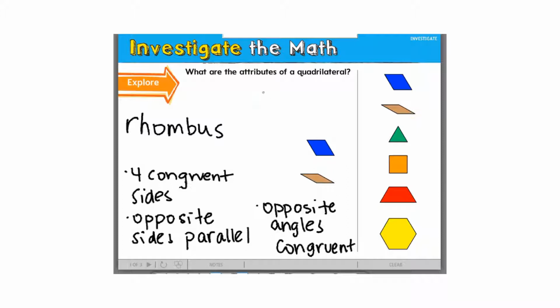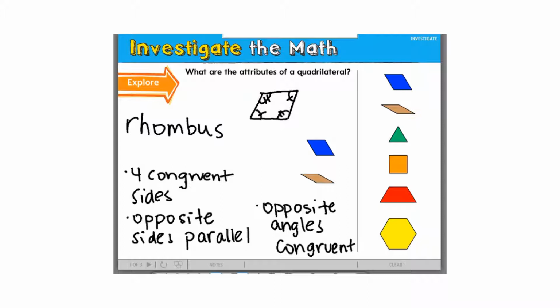So if I draw a picture, I wanted a bigger one. So this angle and this angle are the same. Notice I put the little tick marks there over the little angle mark. Then this angle and this angle are the same.